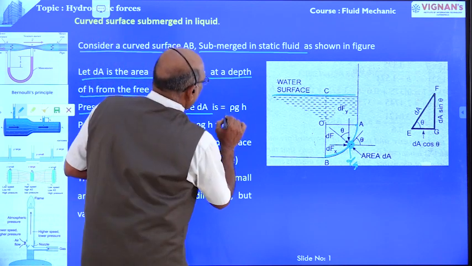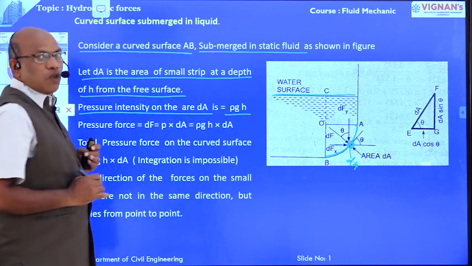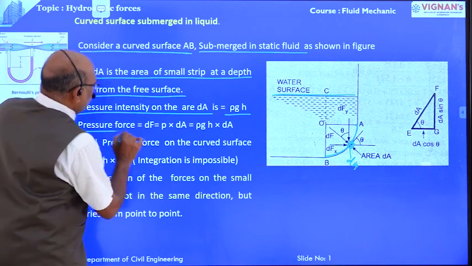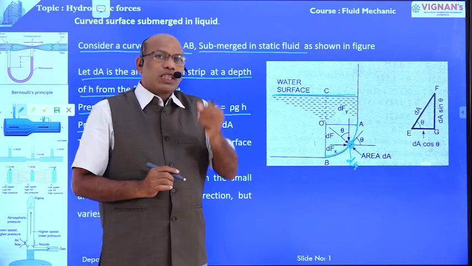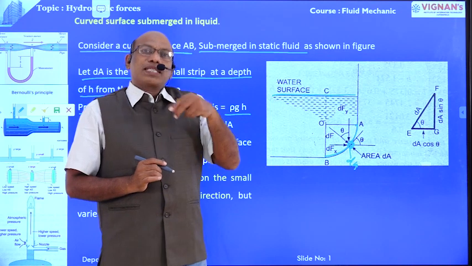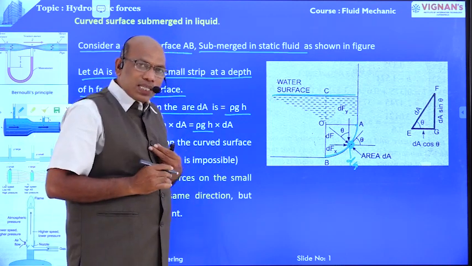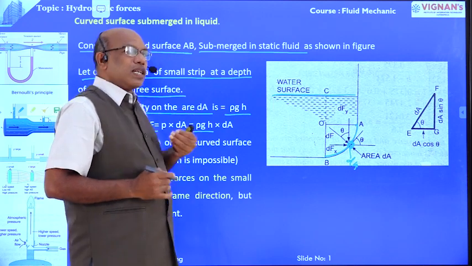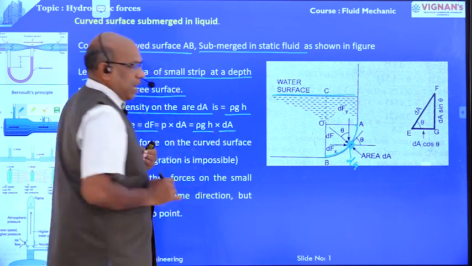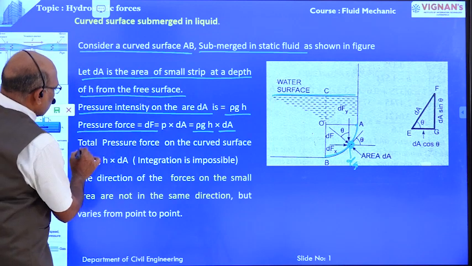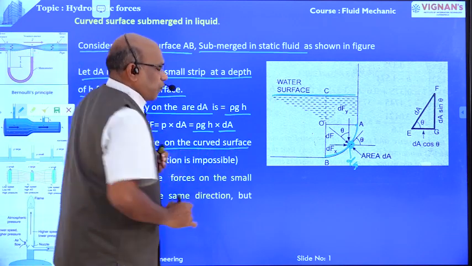This is equal to rho g h, the intensity of pressure. Now, pressure force dF on the small strip is equal to stress into area. Stress is nothing but rho g h, the intensity of pressure, into area dA.